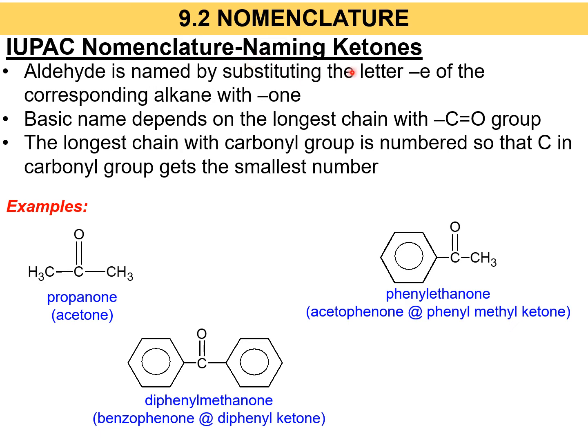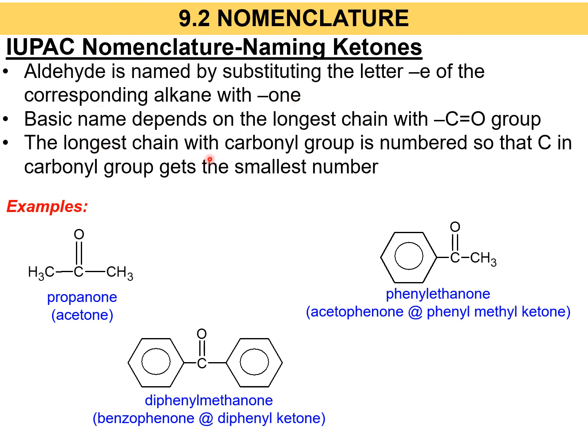Earlier we learned how to name aldehydes according to the IUPAC nomenclature. Now, how to name ketones. Basically, if you know how to name alkanes, when you find the ketone functional group C double bond O, you just replace the E at the end of the alkane with ONE.